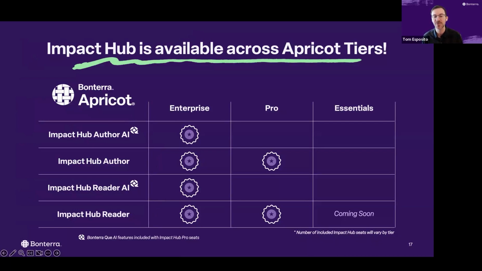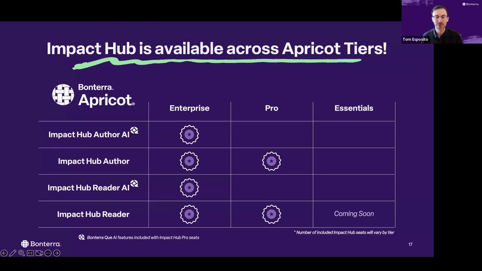But don't worry, Pro customers, if you're interested, this is an area where you can absolutely reach out and talk to some of the Bonterra support staff and understand what may be possible as well. But we are so excited again to make sure that Impact Hub is made available to our Apricot customers, giving them the newest, most powerful reporting tool that they now have access to at their fingertips.